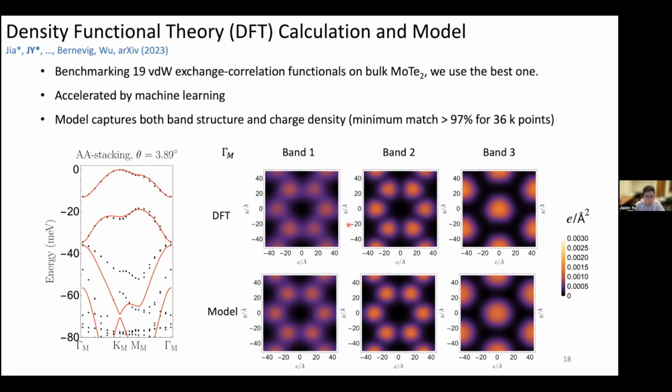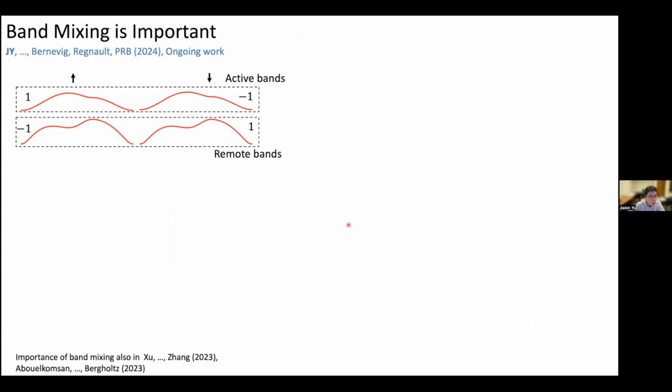So this is a single particle model, and more importantly, in our many-body calculation, Hartree-Fock or ED, we not only include the lowest energy band, one band per valley, but also include the remote bands. And we found that the mixing between the lowest energy band and remote bands is very important.